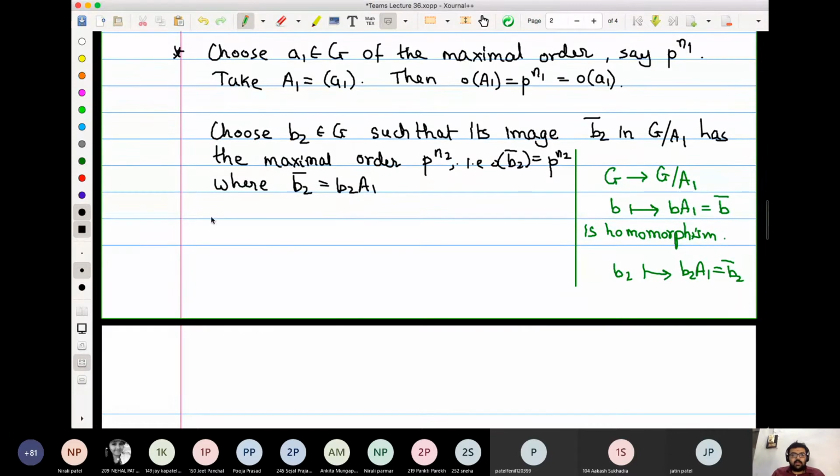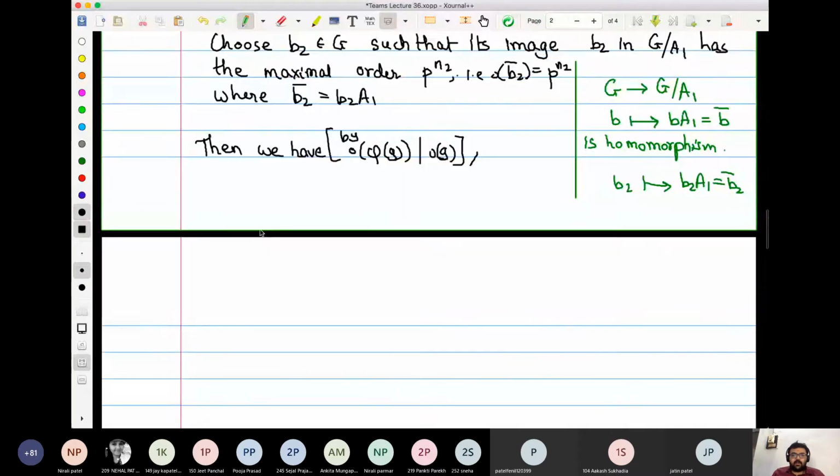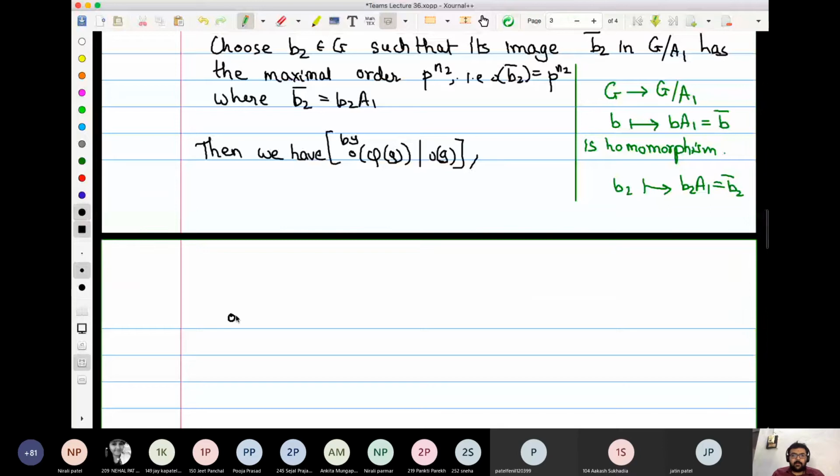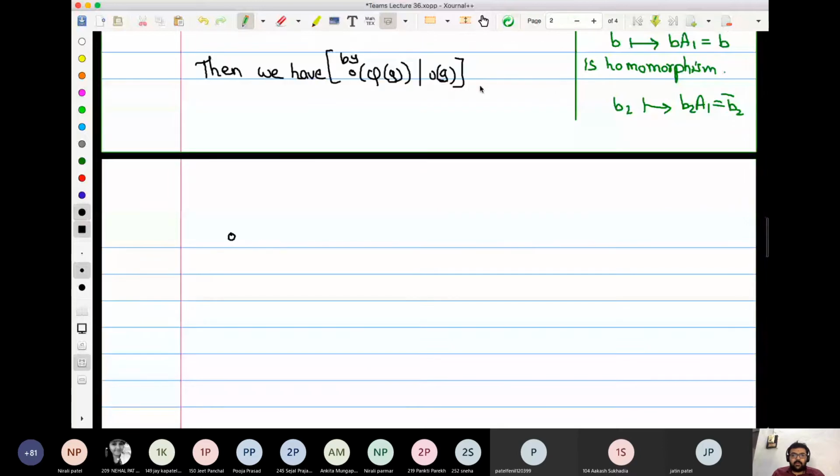Right. So this is there, and because this is a homomorphism, the order of the image divides the order of the group. We have seen that the order of phi(g) divides the order of g. By this we have that the order of B2 bar, that is the image, divides the order of B2.